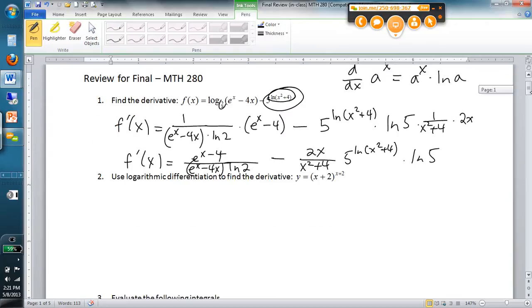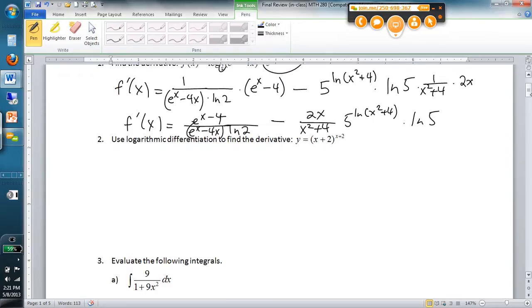Number 2, logarithmic differentiation. Remember it? Logarithmic differentiation. Remember, that's one we used. There's different places you can use it, but number 2 is a good example of where we would use it because we've got x in the base, x in the power. Do you use power rule?